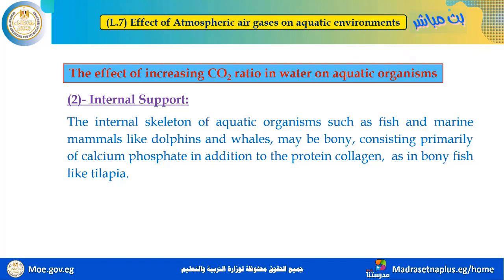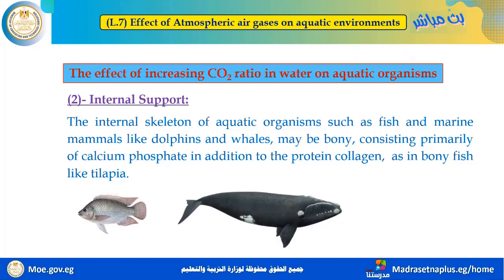The internal skeleton of aquatic organisms such as fish and marine mammals, like what? Like dolphins and whales, may be bony, consisting primarily of calcium phosphate in addition to the protein collagen, as in bony fish like tilapia.